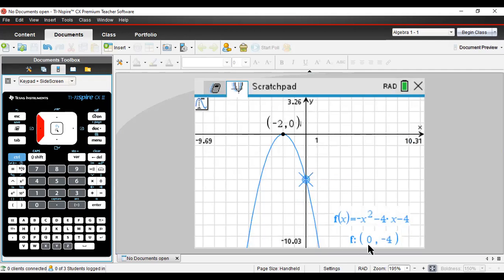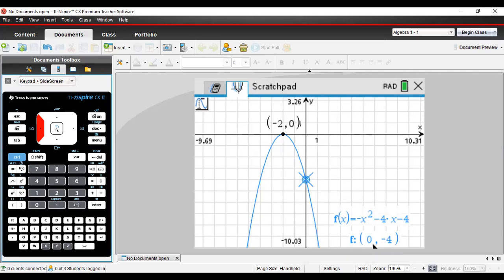The y-intercept is 0, -4. So the y-intercept is -4. Now, this is not only the maximum, this is also the zero. There's only one zero. So the f of x function has only one zero, and that zero also happens to be the maximum. And the y-intercept is 0 and -4.